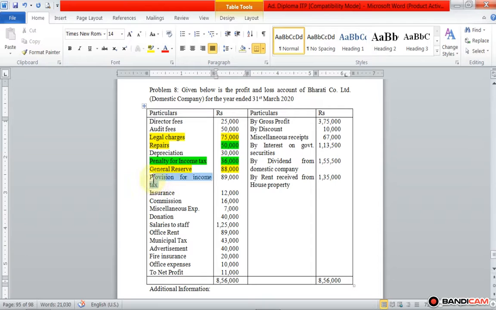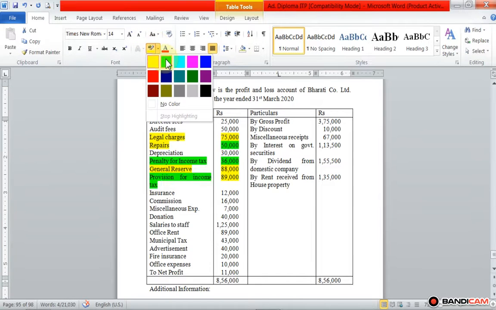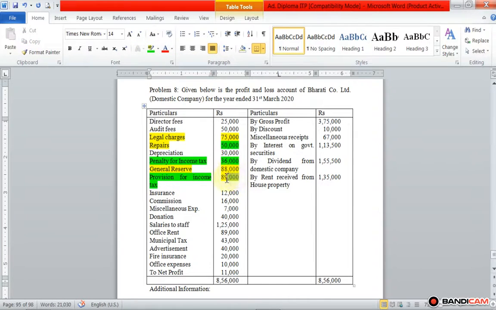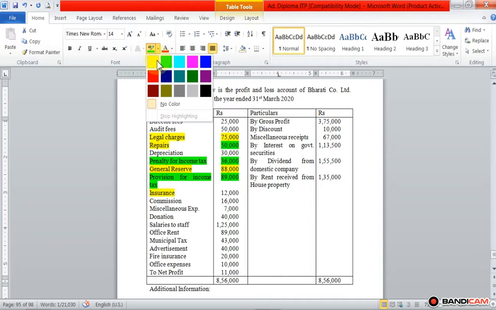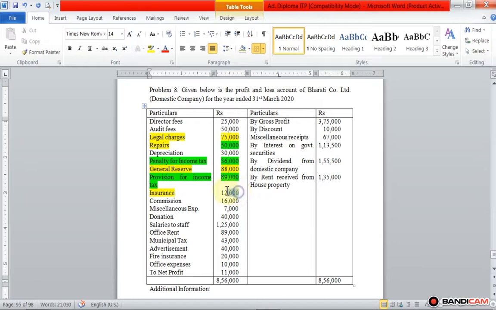Then provision for income tax is disallowed, amounted to rupees 89,000. Then insurance: the whole amount of insurance relates to the house property, amounted to rupees 12,000.